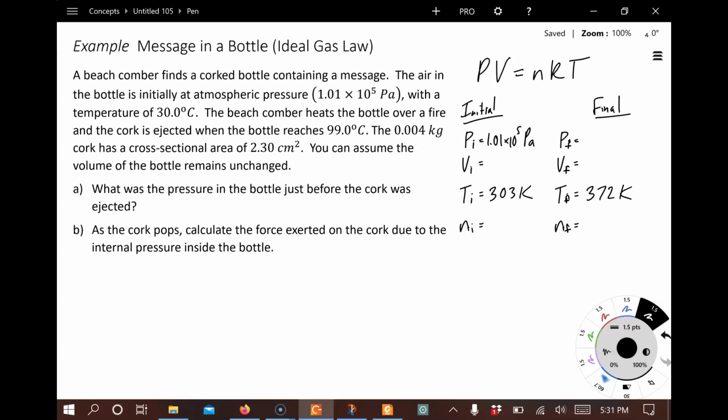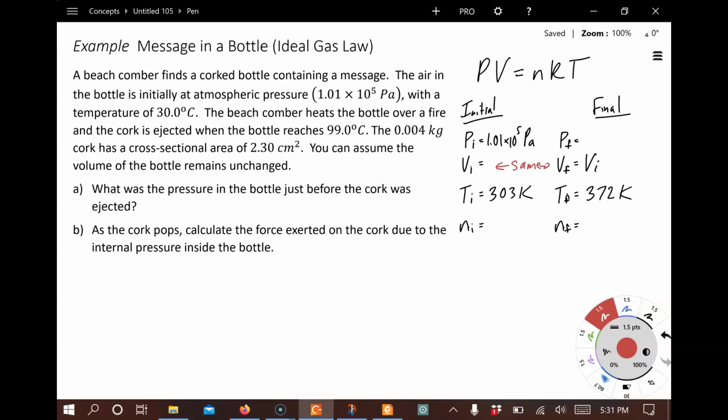That's not going to matter for the gas itself. We're also interested in knowing if any of the variables in the gas law don't change. And it turns out that you can assume the volume of the bottle remains unchanged. So these are the same. V final is equal to V initial.